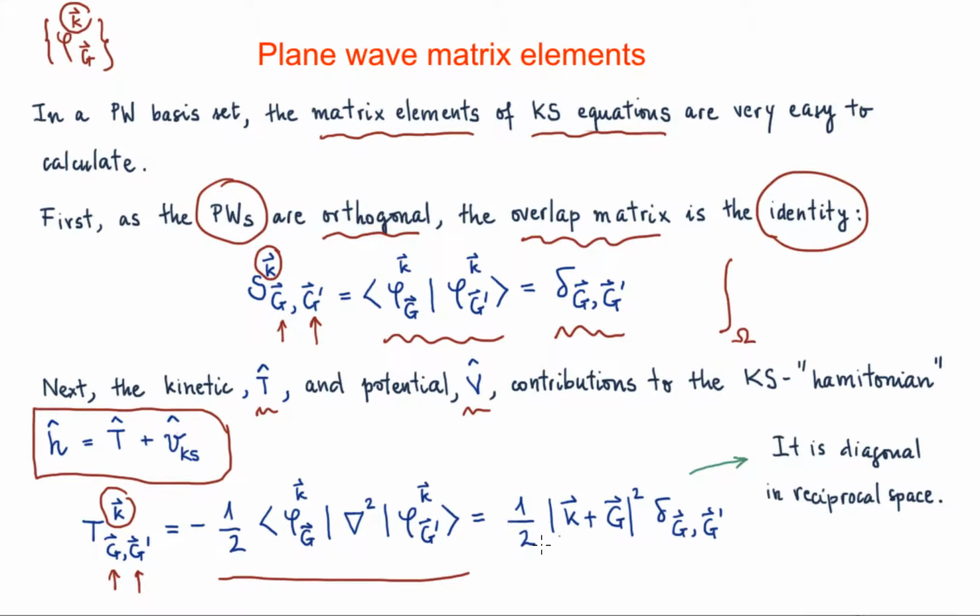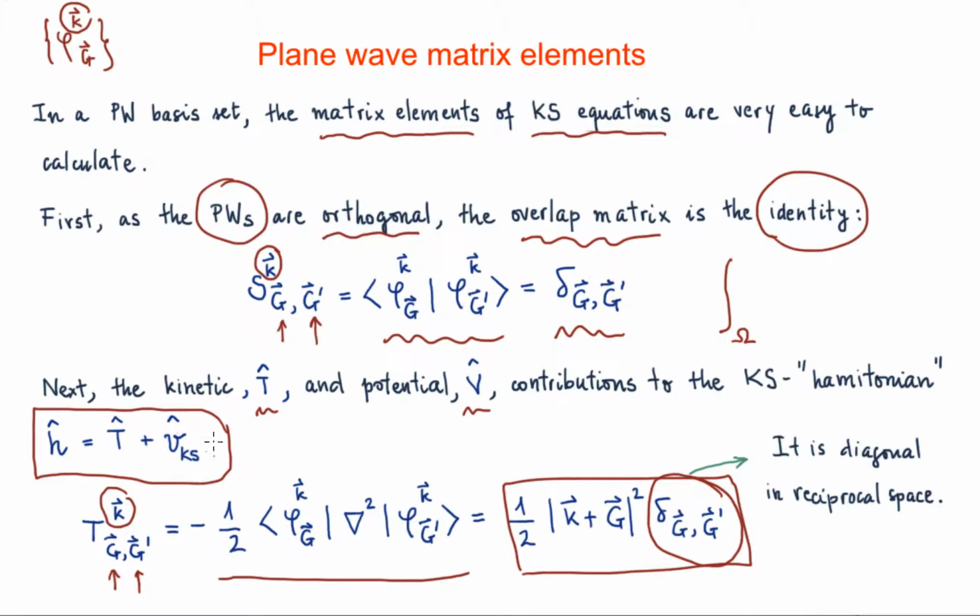Doing that, you can see that the result we're getting is this one, which is diagonal in the reciprocal space. That's great, because it simplifies a lot the matricial representation of the kinetic energy. So that's the one corresponding to the kinetic energy.